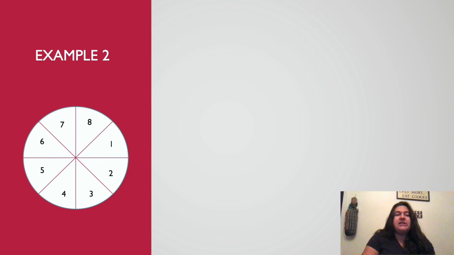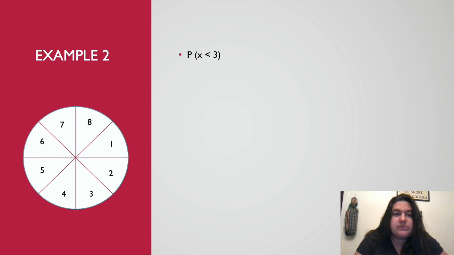Okay, for our second example, we have a different spinner now. We have a spinner with 8 slices with numbers 1 through 8. And we want to know what is the probability of us getting a number, and X is just any number, okay? So a number that's less than 3. Now notice that less than sign, that means it is not including 3.